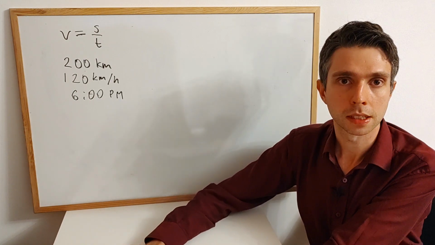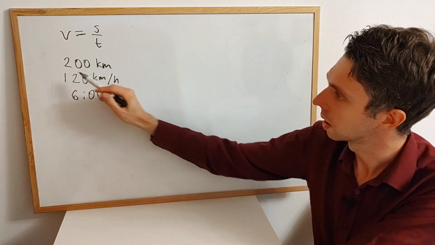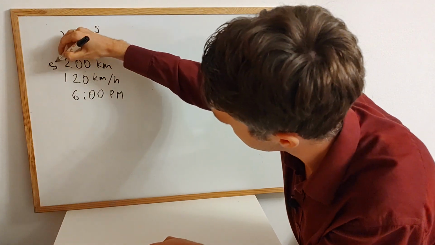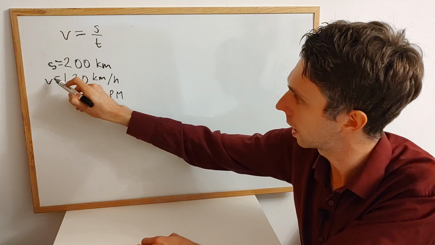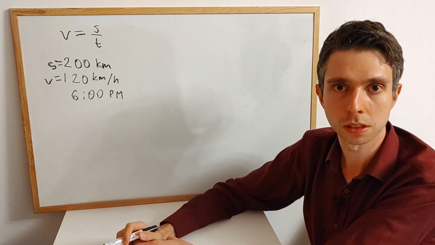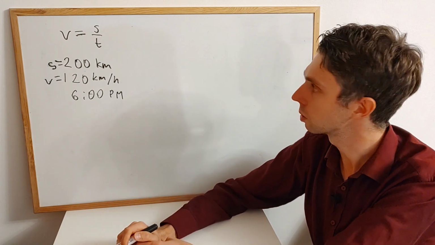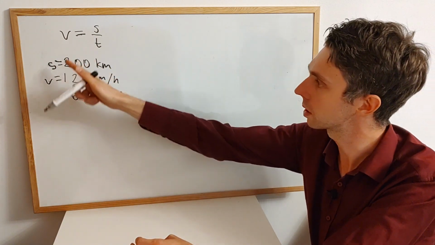Okay, so we have some numbers given. So 200 kilometers is distance and 120 kilometers per hour is speed. So you are looking for the time. So let's solve it in two ways. So first, just plug in the numbers.